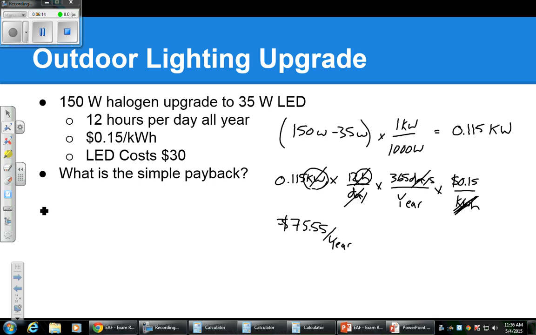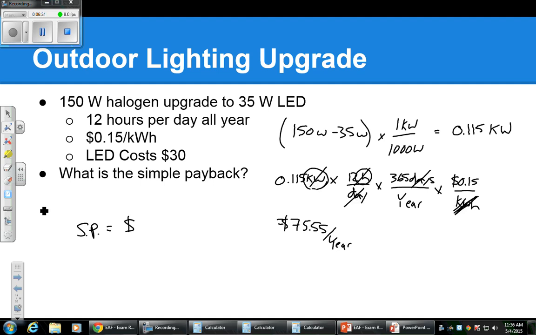Again, for my simple payback, without even knowing the formula, I'm looking at it. The LED cost me 30, and I get 75.55 in savings per year, so I know it's going to be less than a year. I need the bigger number, the 75, on the bottom.